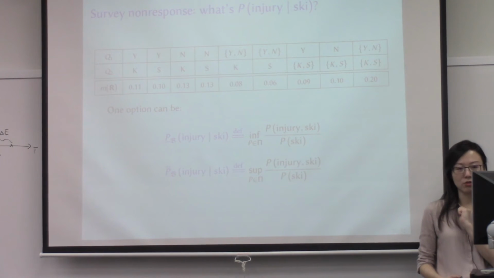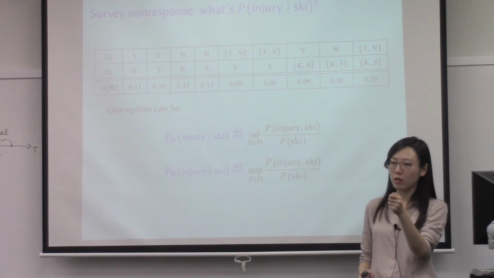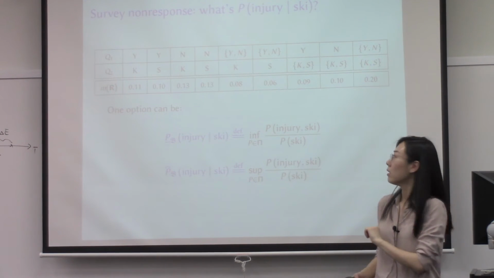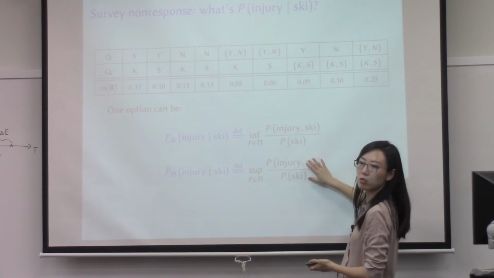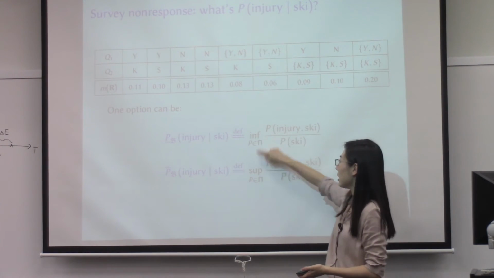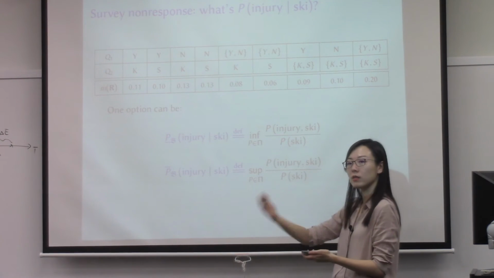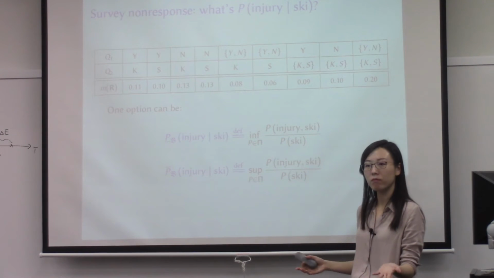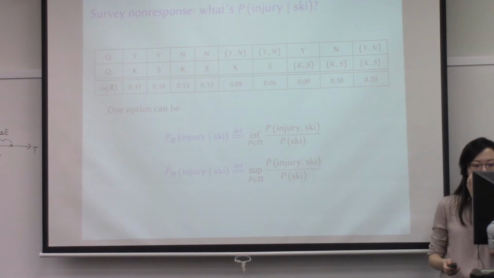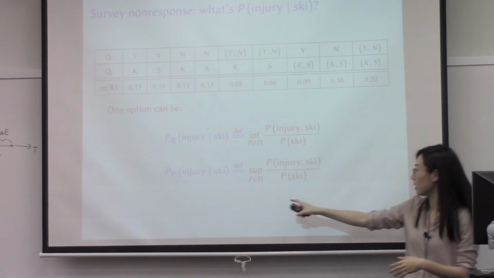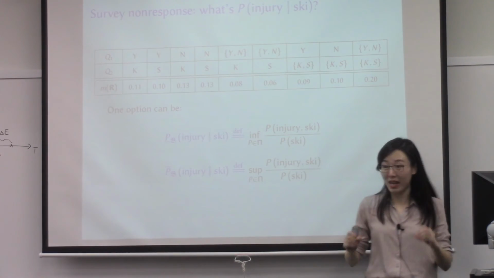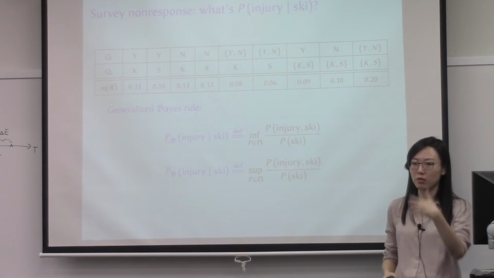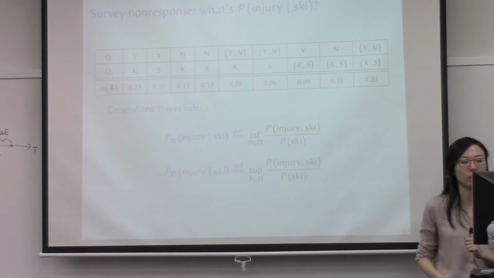Then one obvious thing to do for calculating the lower and upper probability of injury given skiing is to take the regular definition of conditional probability and take the infimum and supremum of those ratios among the set of probabilities that this frequency distribution over subsets would imply. And this is indeed one very popular way of doing things, and I had it indexed by a very fancy B for Bayes. So this is called the generalized Bayes rule. That is, take the ratio and take the infimum and supremum over the set of probabilities that you're contemplating.